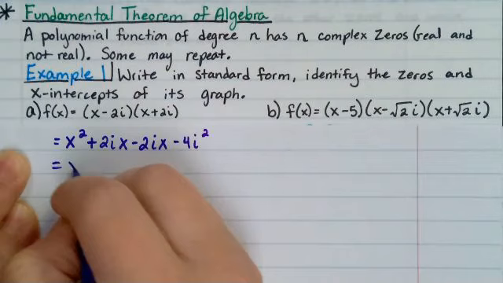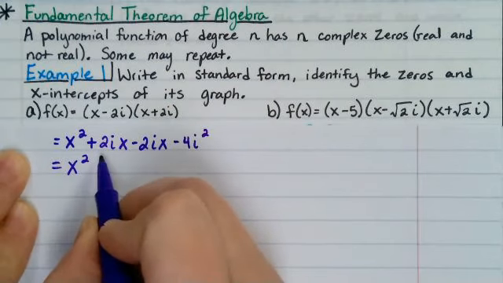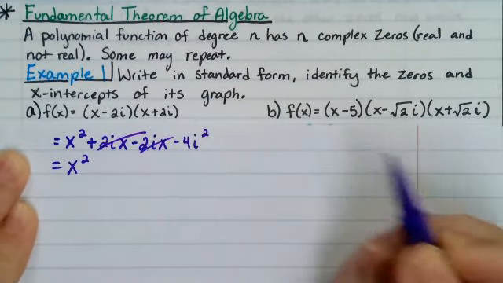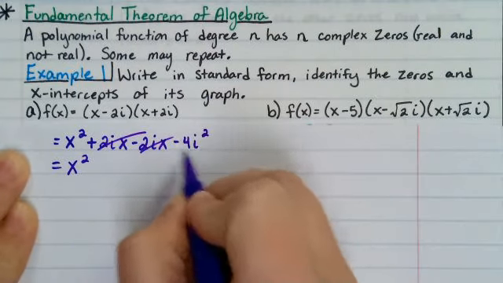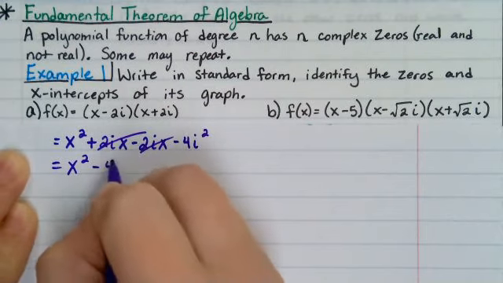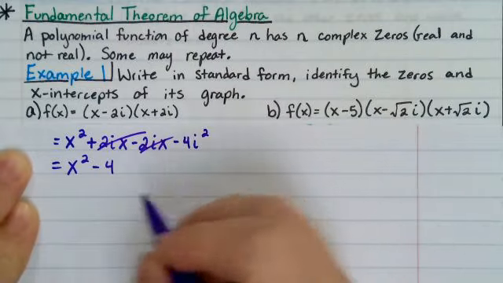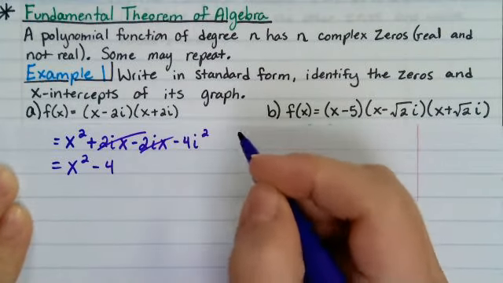All right, so here we go. We got x squared. We have 2ix minus 2ix. Those guys cancel each other out. They're gone. And then over here we have this minus 4, and we need to talk about what is i squared. Well, i squared is the value negative 1.